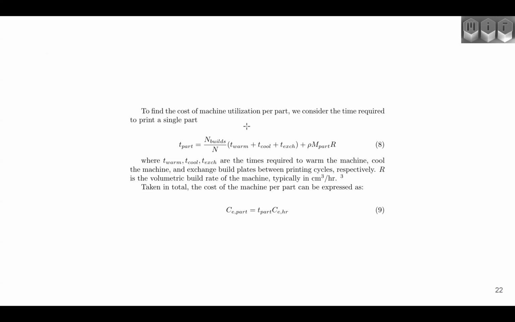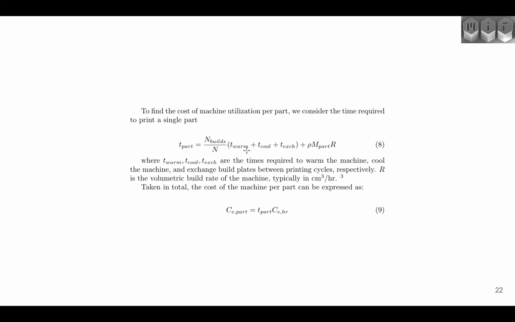So it's saying we don't just want to think about the printing time per part, which is that over here. We also want to think about all the other time that's required in order to press print. And again, some of those times are going to scale with the number of parts. The printing time will obviously scale linearly with the number of parts, because the machine has to do more to make more parts.